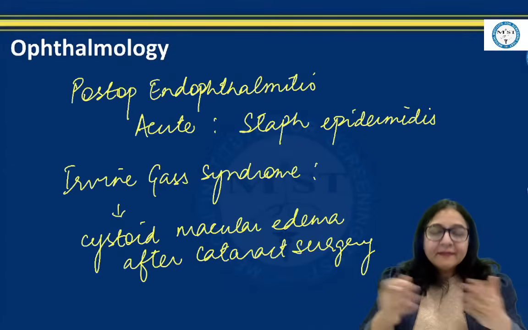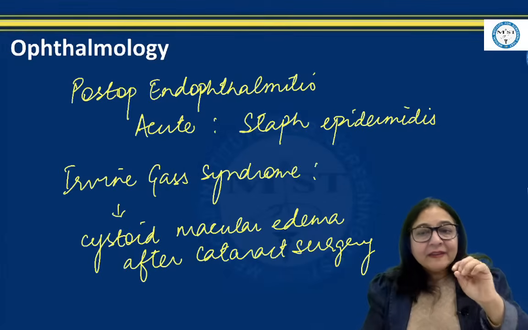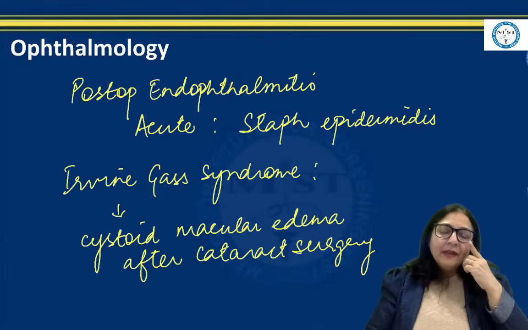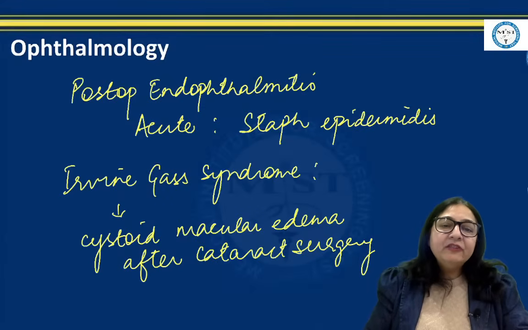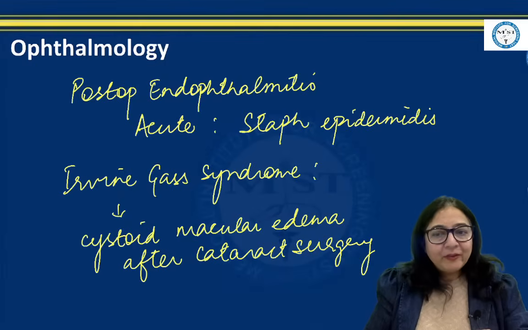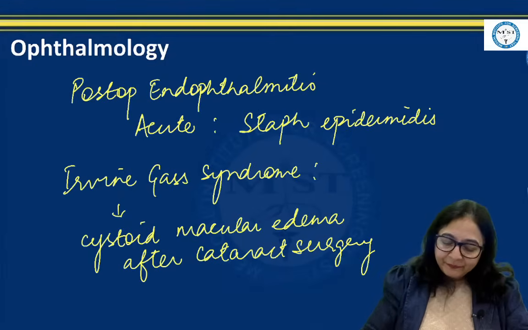Whereas posterior capsule rupture is an intraoperative complication, and in those cases sometimes you cannot place the posterior chamber intraocular lens and might need to implant an anterior chamber intraocular lens.